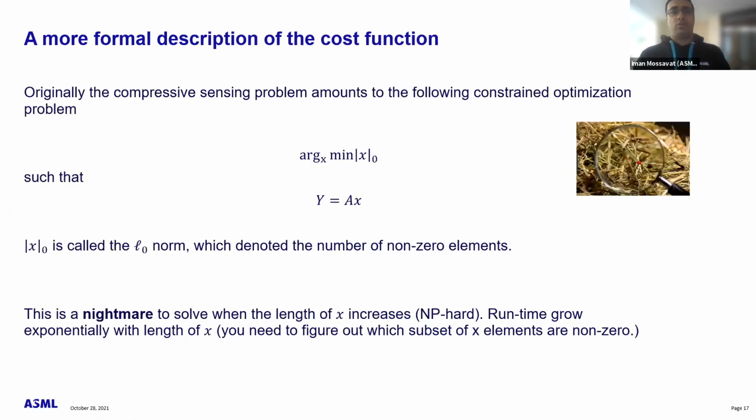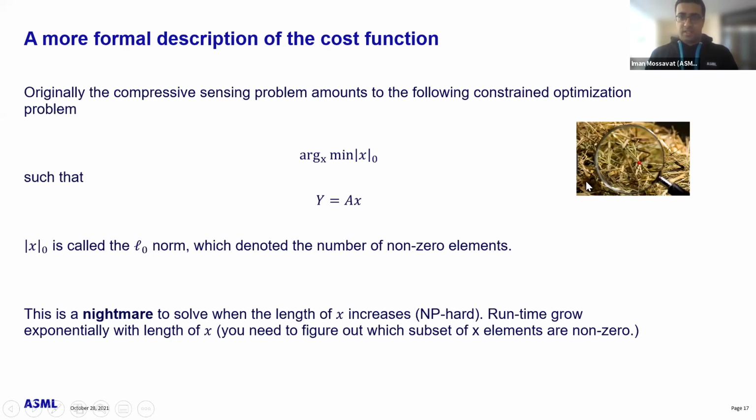So if I want to go to a more formal description of the problem, you want to solve a linear system, and now you want to minimize the number of non-zero elements in your representation, subject to your measurements being held. So this means that you're solving an L0 norm problem.